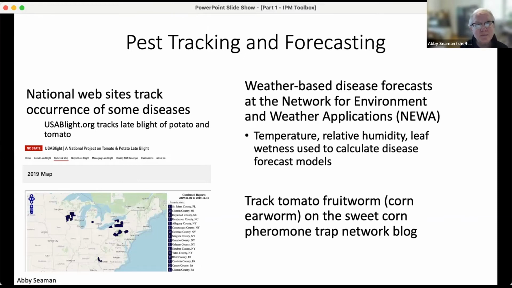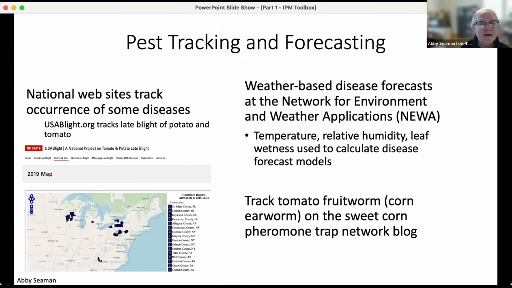A good example of that in tomatoes is late blight, which can be a very devastating disease that you really want to be ready for before it arrives in your field. You really would prefer to not let it get there at all.